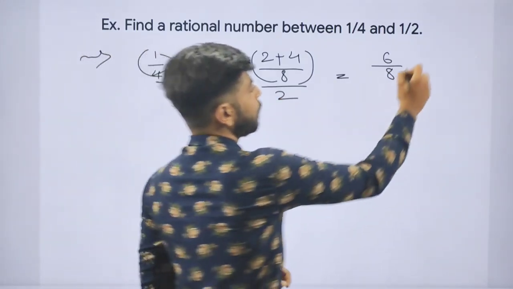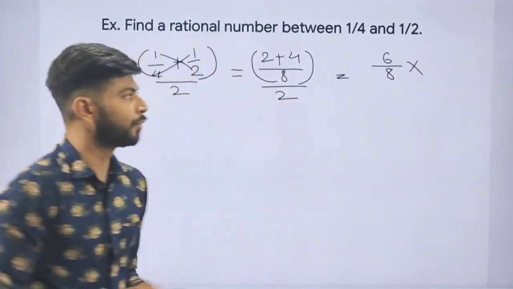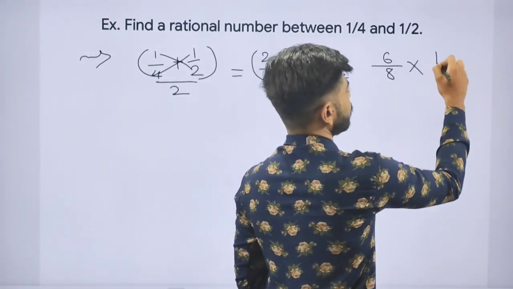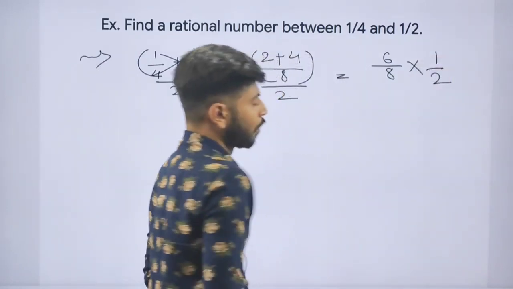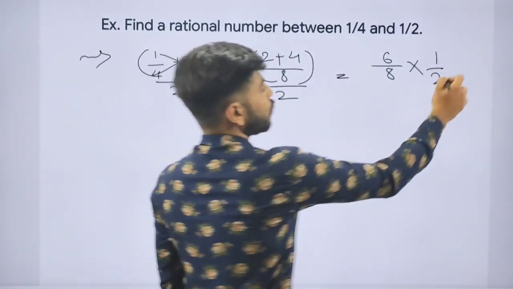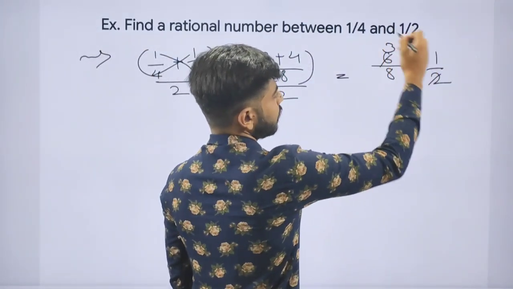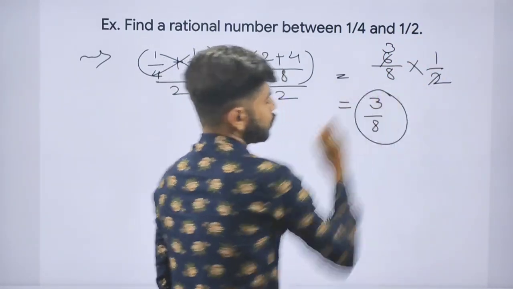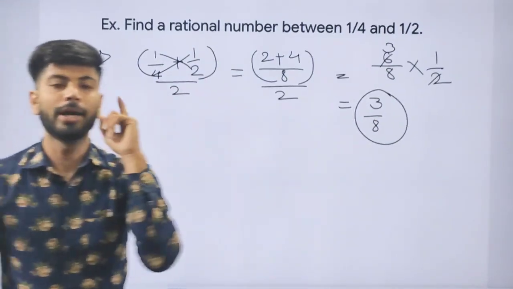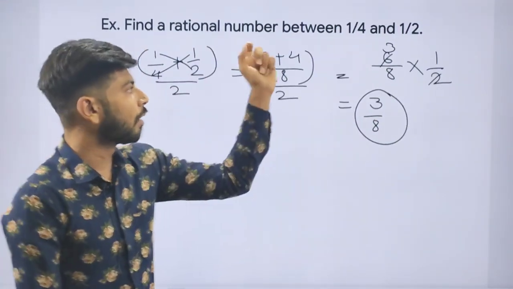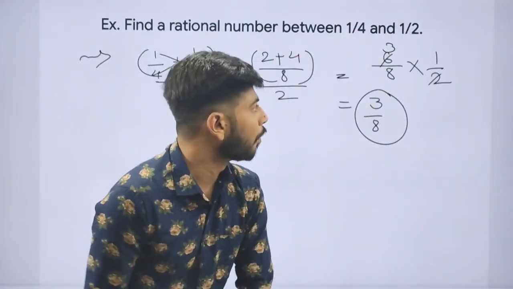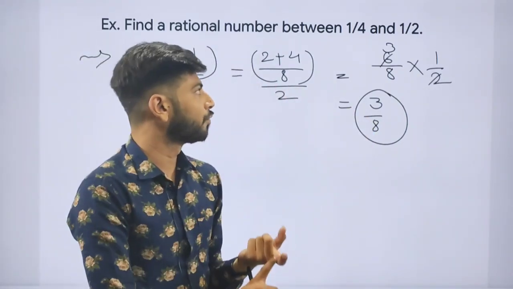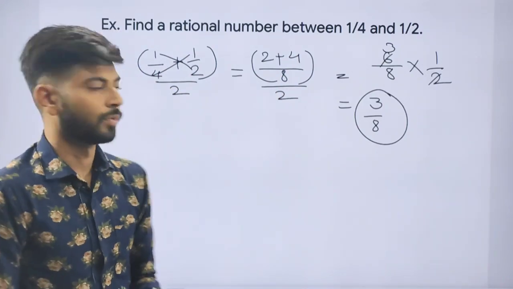So we will multiply by the reciprocal of 2. What will be the reciprocal of 2? 1 upon 2. Okay, now you can cut these numbers, so you will get 3 upon 8. So what is 3 upon 8? 3 upon 8 is the mean of 1 upon 4 and 1 upon 2. So 3 upon 8 will be between 1 upon 4 and 1 upon 2.